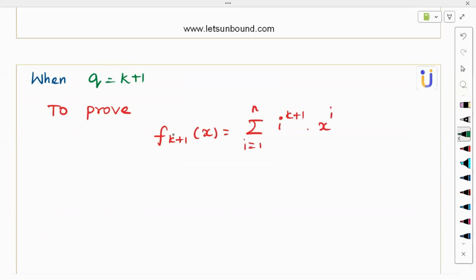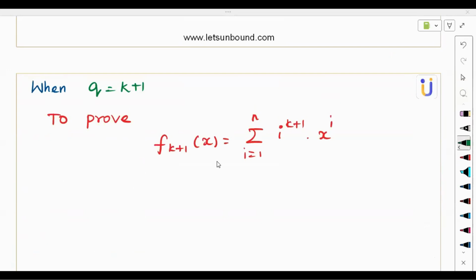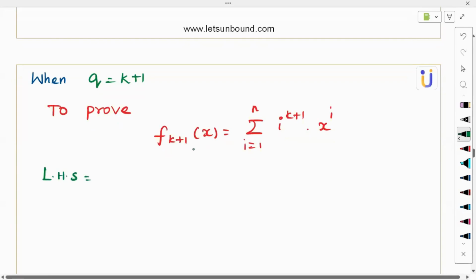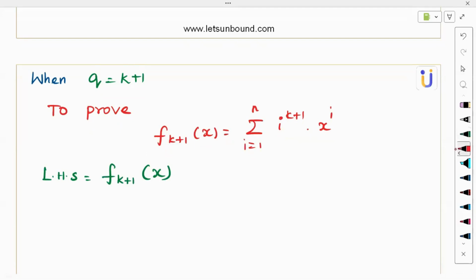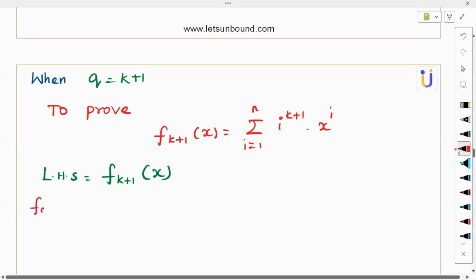Right. So let me take the left side, fk plus 1, and we can derive the right side. So LHS is equal to fk plus 1 of x. We're going to revisit the family of functions. Actually, fq of x can be written as x times fq minus 1 dash of x.